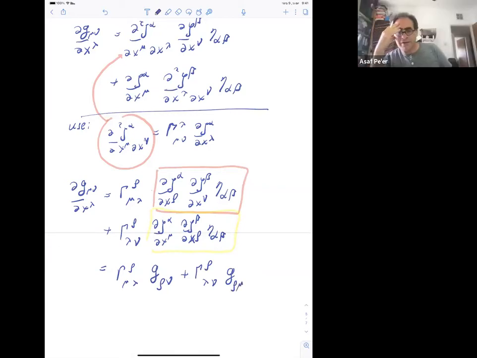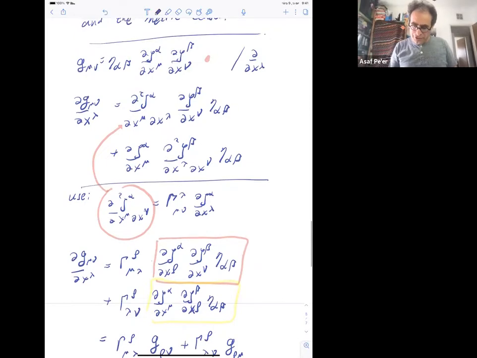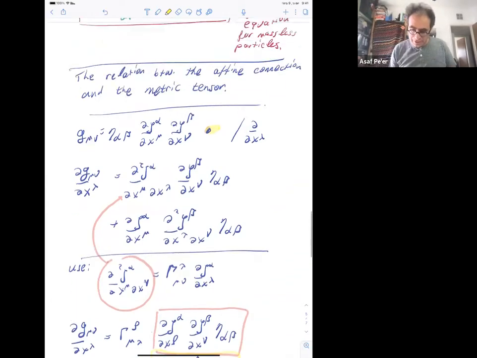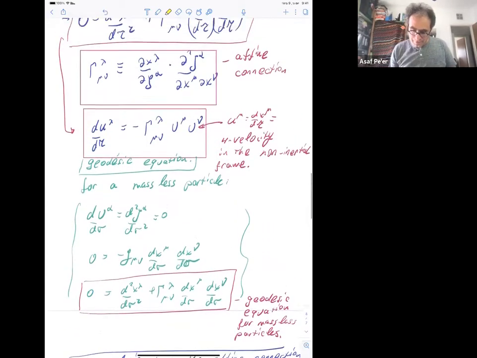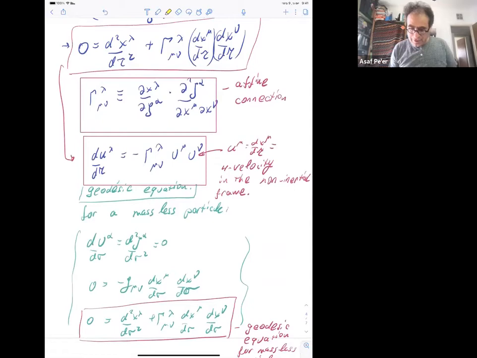Now, because of the definition, just note that I'm doing something in case you ask yourself. Because of the definition of G and of eta, G is symmetric with respect to mu and nu. I can switch the order. The same goes for the affine connection, which is symmetric with respect to change of mu and nu.